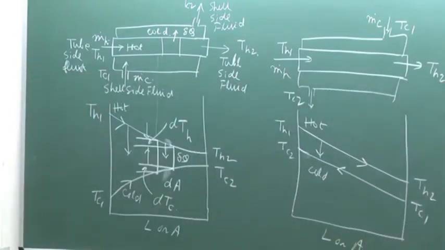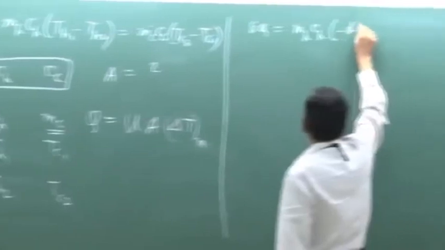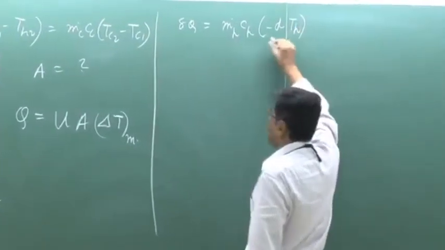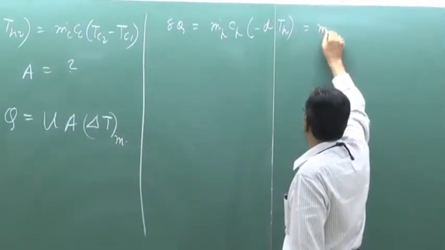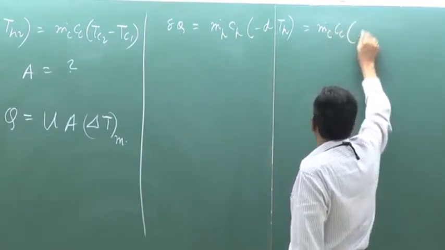Then we can write that del Q is equal to m dot H CH into minus dTH, because TH is decreased, is equal to m dot C CC dTc.